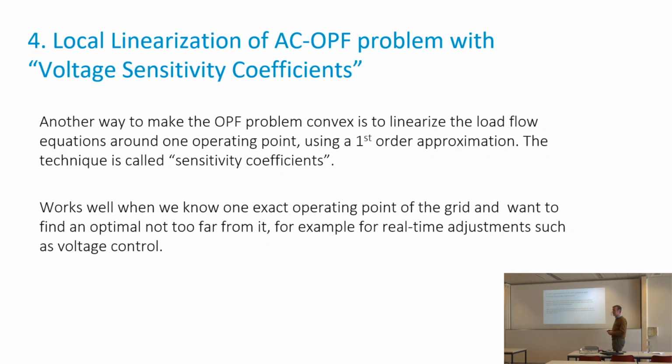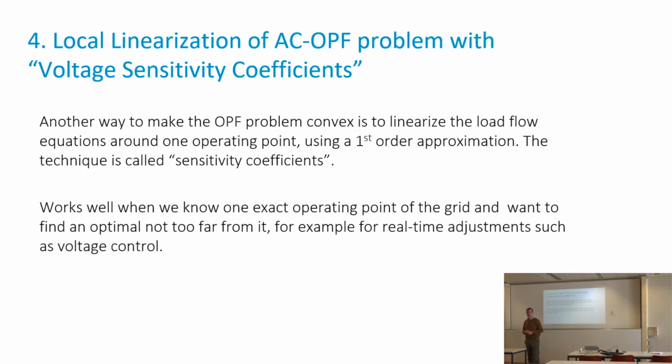But there is another method that is often very useful. It is when we want to start from an exact operating point of the grid and find an optimum that consists in perturbing this point of operation. This is, for example, when we do real-time or quasi-real-time control of a grid. For example, if you have a grid in which you have mechanisms for voltage control, this is motivated typically today by solar panels.